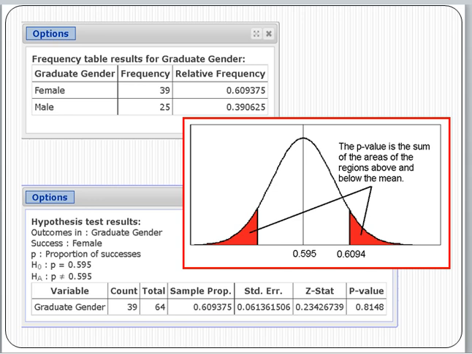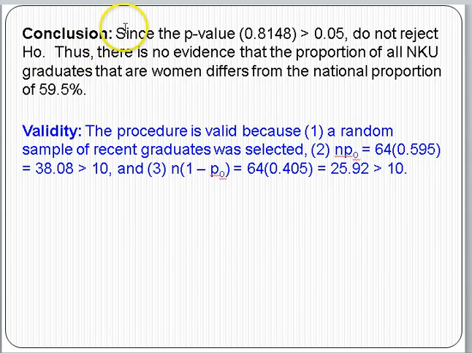Finally, coming to the conclusion, since the p-value, which is 0.8148, is greater than 0.05, do not reject H0. Thus, there's no evidence that the proportion of all NKU graduates that are women differs from the national proportion of 59.5%. The validity: we have a random sample of graduates. N times p0 is bigger than 10, and n times 1 minus p0 is also bigger than 10.